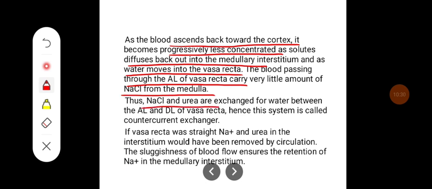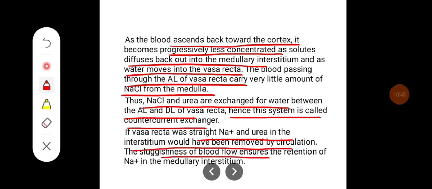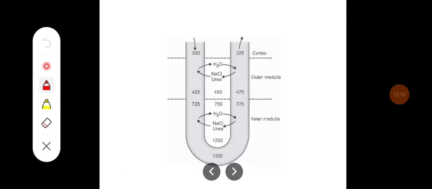Thus, sodium chloride and urea are exchanged for water between the ascending and descending loops of the vasa recta. Hence, this system is called a countercurrent exchanger. If the vasa recta were straight, sodium and urea in the interstitium would have been removed by circulation. The sluggishness of blood flow ensures the retention of sodium in the medullary interstitium.